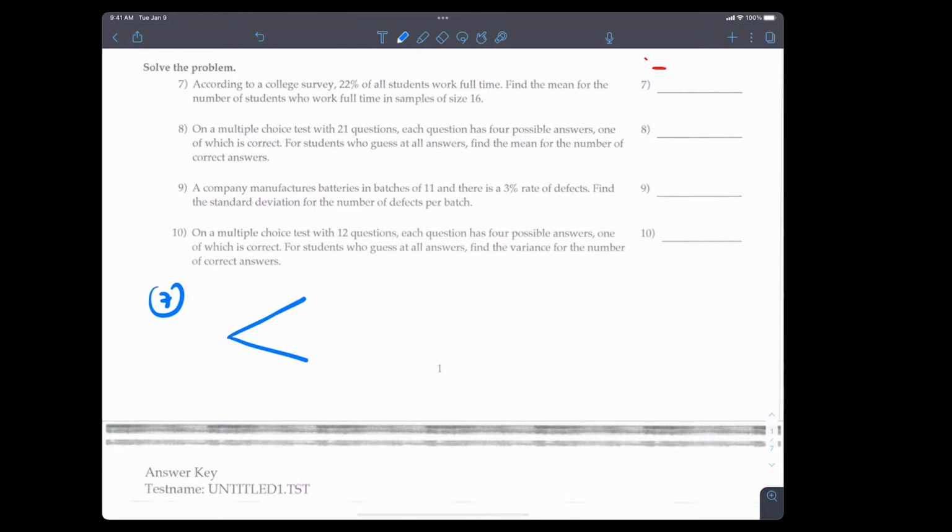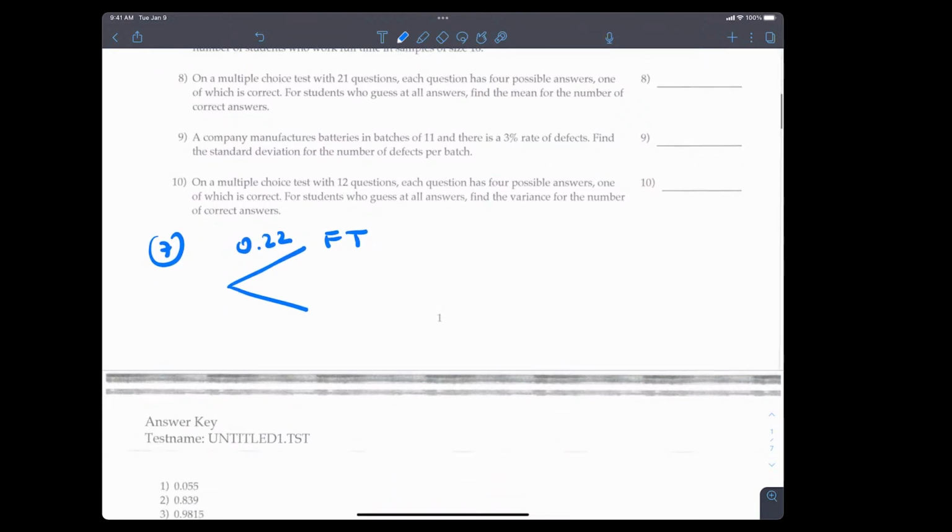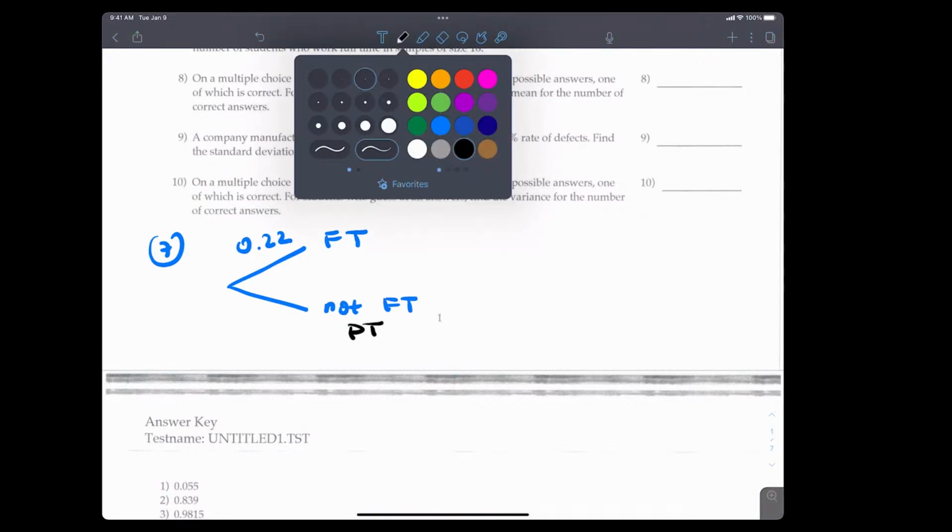So that's a single trial information. 22% work full-time. Okay. So I'm going to say full-time, and that's 0.22. And what does that mean then? What's not work full-time? So I guess you are part-time, right? AKA part-time.